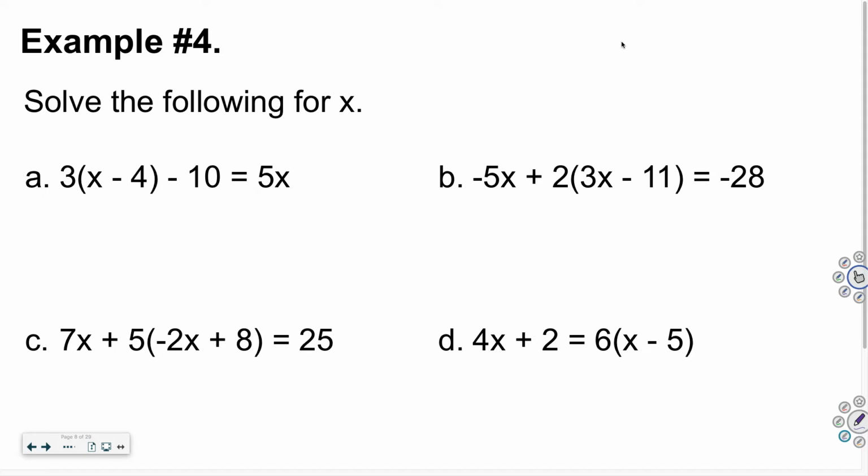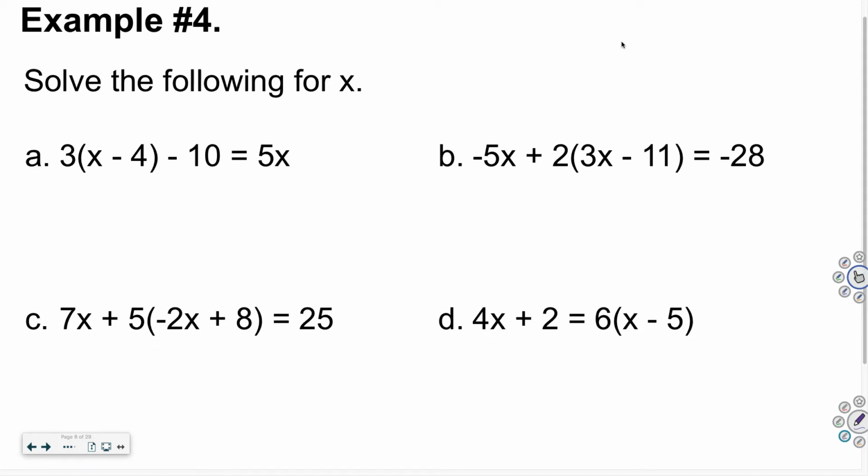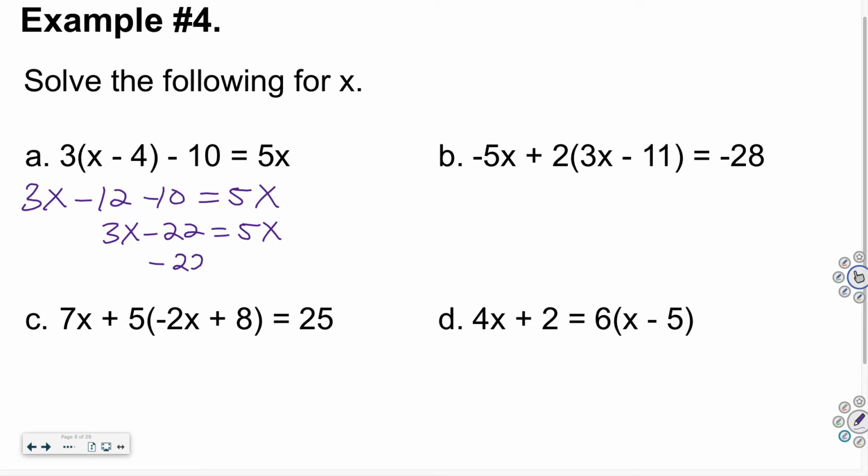Okay, number 4, solve the following for x. So here we have 3x minus 12 minus 10 is equal to 5x. And we have, in this case, 3x minus 22 is equal to 5x. Subtract 3x from both sides. Minus 22 is equal to 2x.